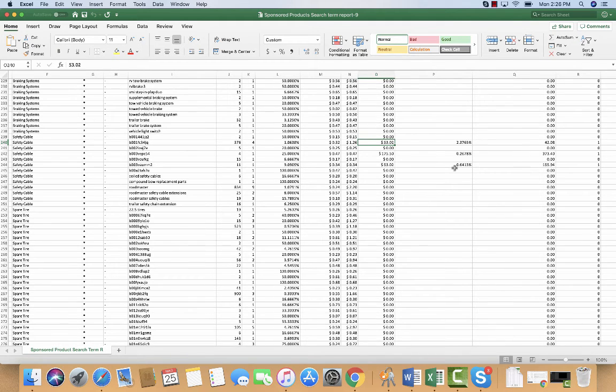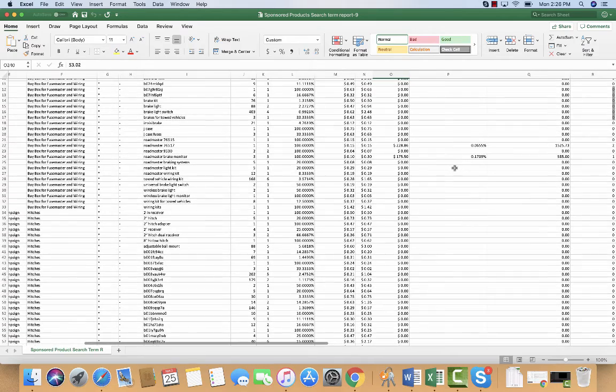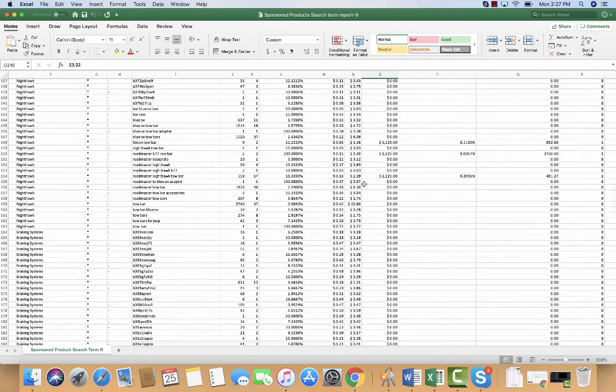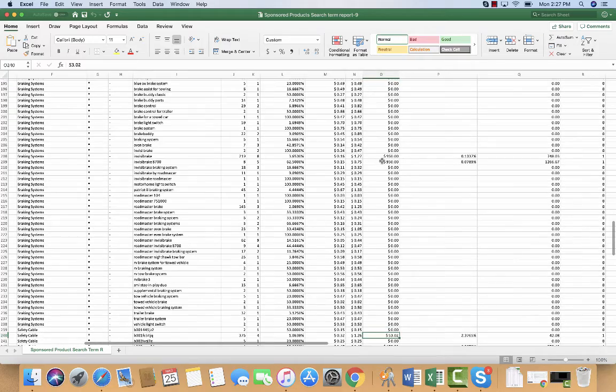It's the only keyword that I can see. 7-day totals. Yeah, because this is pretty low, pretty low, pretty low.